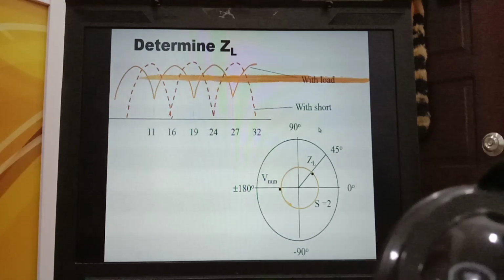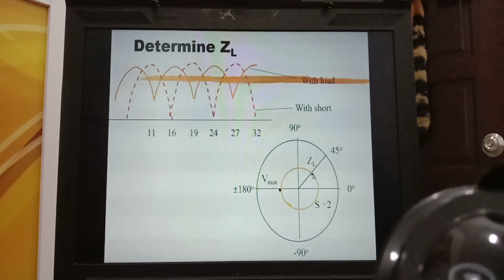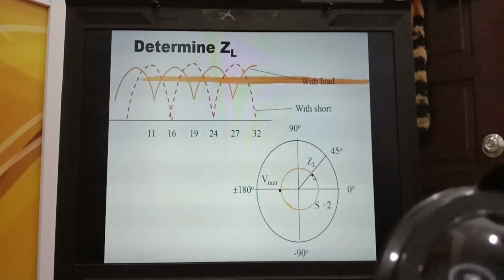Given the standing wave ratio SWR is 2, when we draw the constant mismatch circle, the circle will cross the horizontal axis at the point where the normalized impedance is equal to 2.